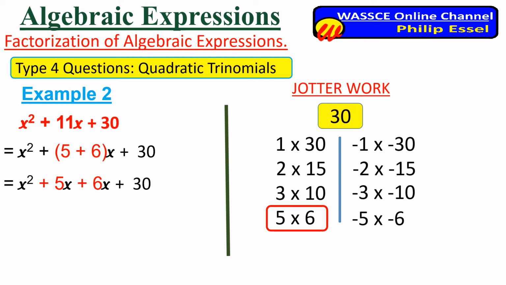We got the 5x by multiplying the 5 within the bracket by the x outside of the bracket, and we also got the 6x by multiplying the 6 within the bracket with the x outside of the bracket. So we've been able to convert the 3-term expression into a 4-term expression. So at this point, we will need to divide it into 2 parts.